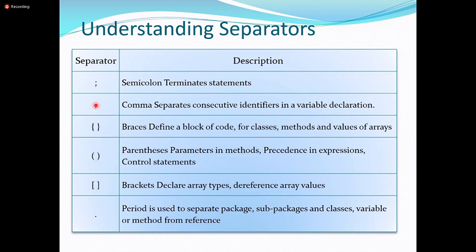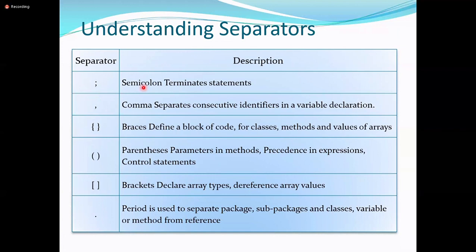Okay. Tell me one thing. There are two types of methods, predefined methods and user-defined methods. Again, these predefined methods and user-defined methods are classified into how many types? Two types. What are those? Parameterized methods and non-parameterized methods.